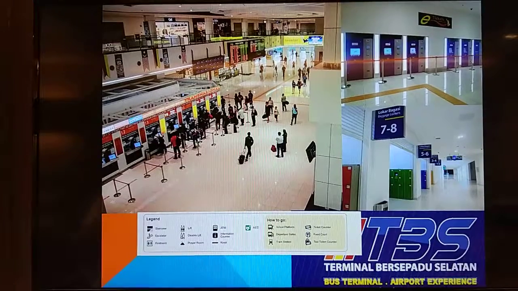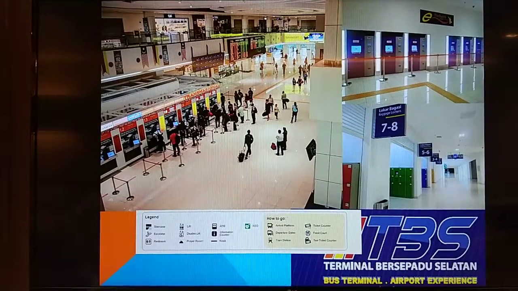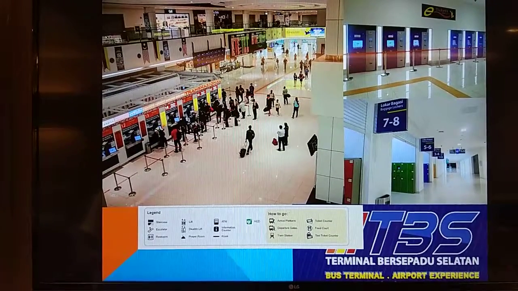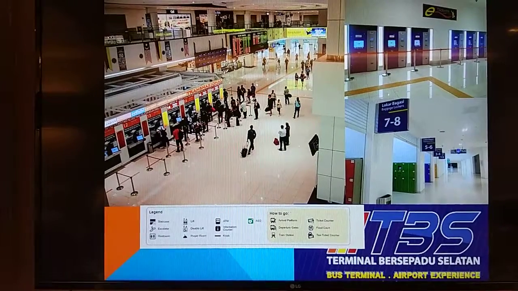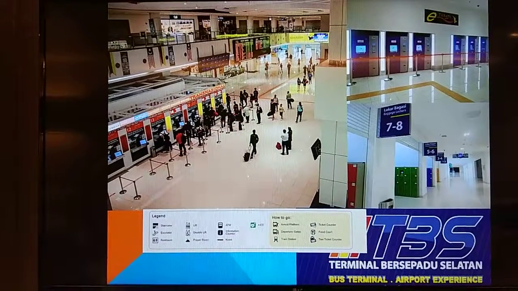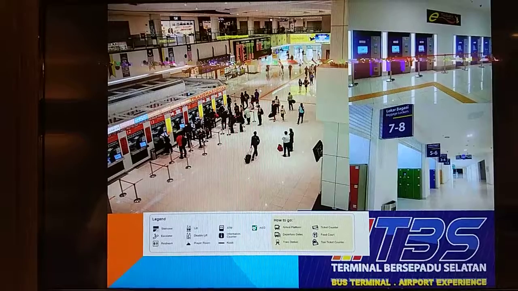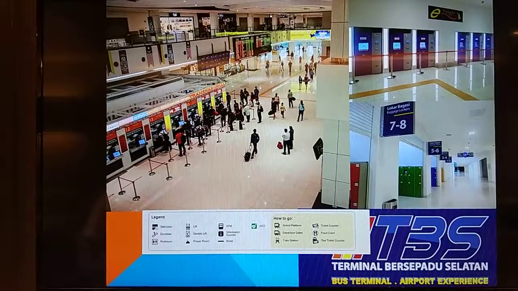If you notice, you have areas for northern areas, then southern areas based on direction. So you can easily find it, as well as a big notice board. You have all the travel times, departure times, arrival times, and all the information you need.